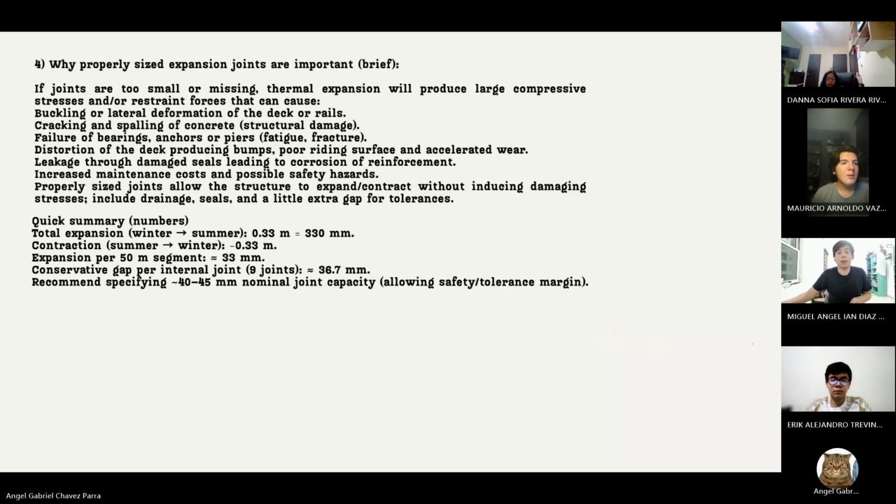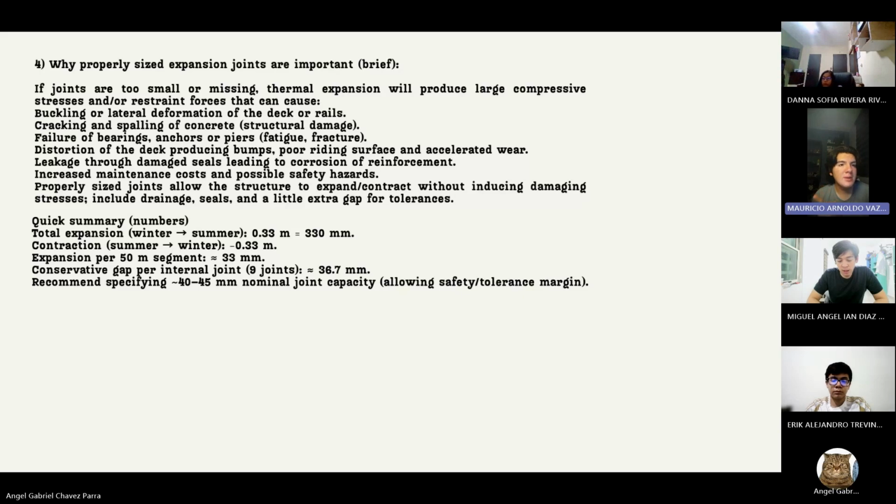Okay. Why properly sized expansion joints are important. Joints that are too small or missing will produce large compressive thermal stresses in the deck. These restraining forces can cause buckling or lateral deformation of the deck rails, cracking and spalling of concrete, damage to bearings or bending of anchors, fatigue, or fracture.